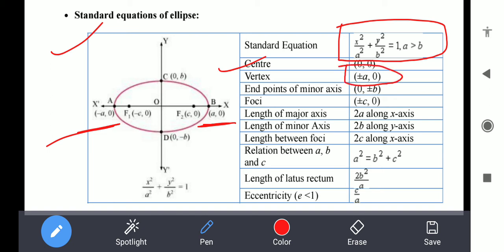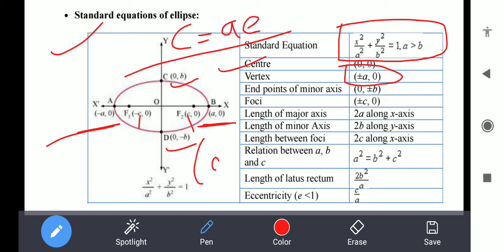Endpoints of the minor axis are 0 comma b and 0 comma minus b. Foci, the two fixed points, are c comma 0 and minus c comma 0. Here the value of c is ae. So there are two foci, ae comma 0, and second is minus ae comma 0.